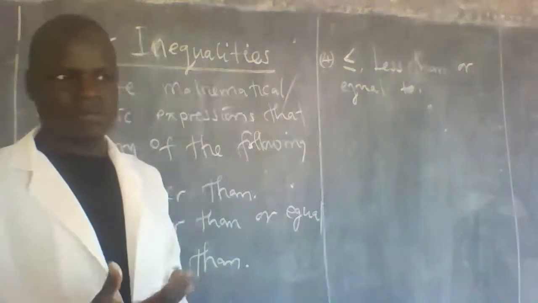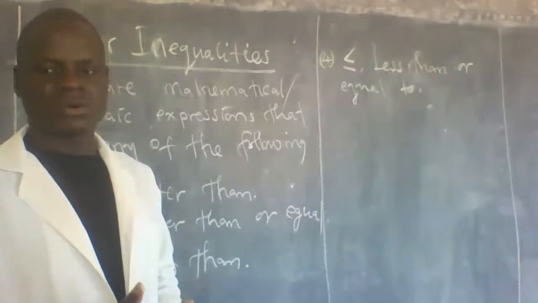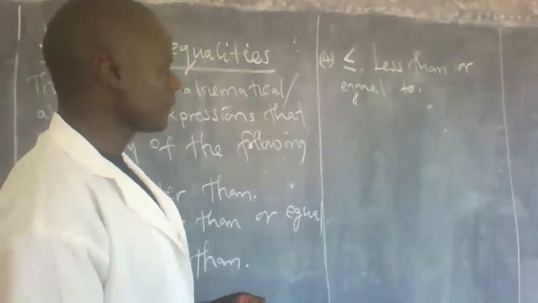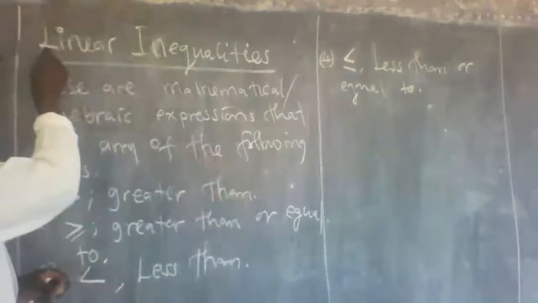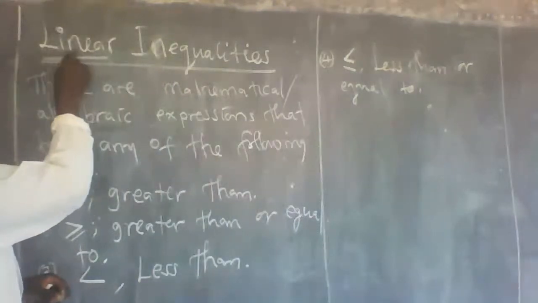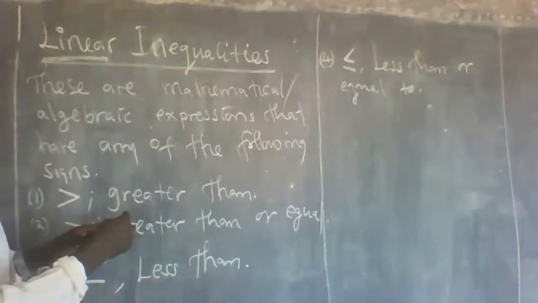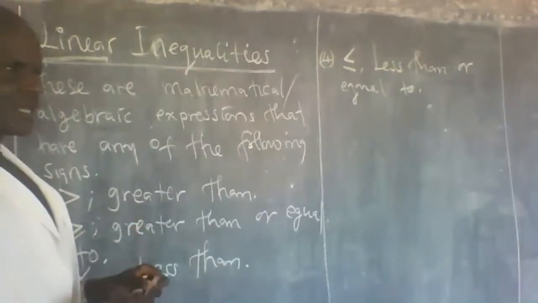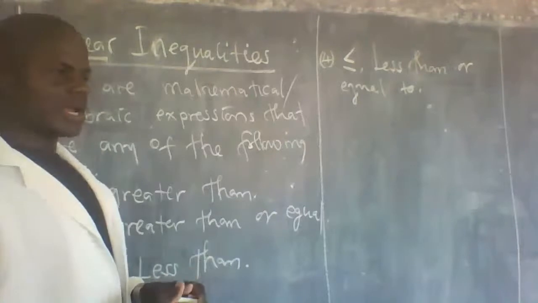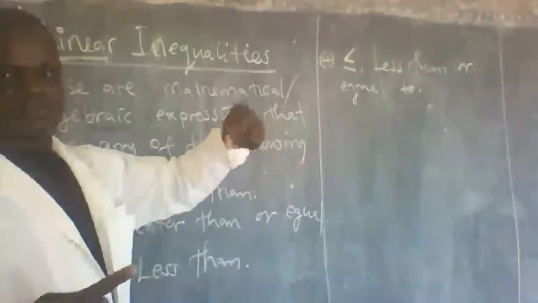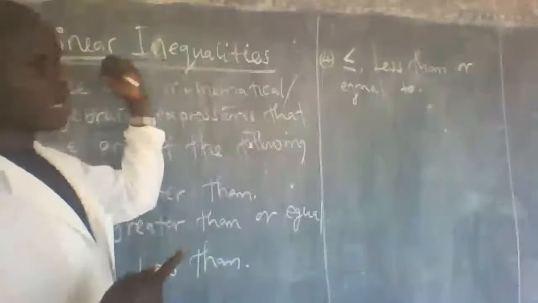These are the very important mathematical signs that we'll be dealing with. Since we're talking about linear inequalities, these are inequalities that, when plotted on an x-y plane, give a straight line. That's where the linear is coming from.